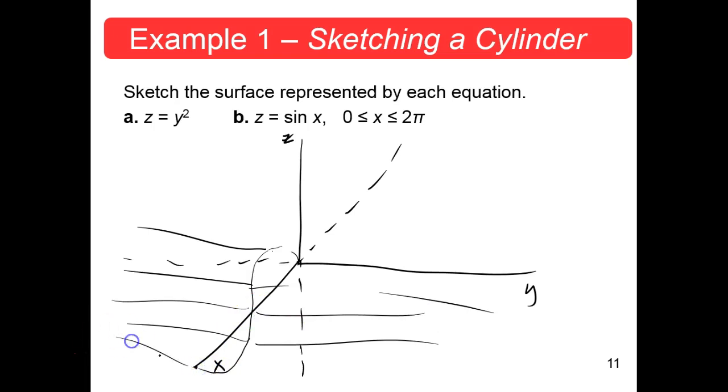And stops at 2 pi. Okay. So it's that wave like this. I can't call it to make it make any sense. But you see it in the book. Okay. All right. Now, that was all sort of just dealing with cylinders, cylindrical surfaces.